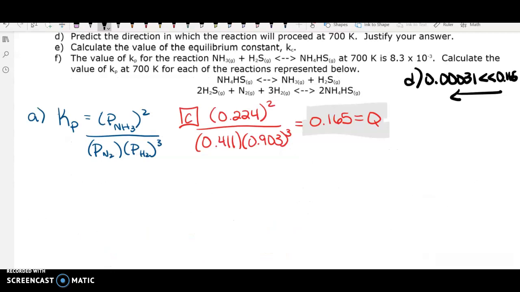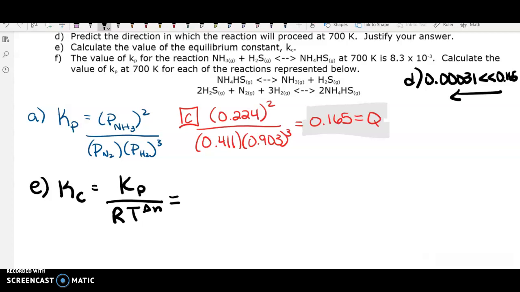Okay, in part E, we're also going to determine the equilibrium constant for the concentration. So I'm going to rearrange the formula for Kc. I've got Kp over RT to the delta n.